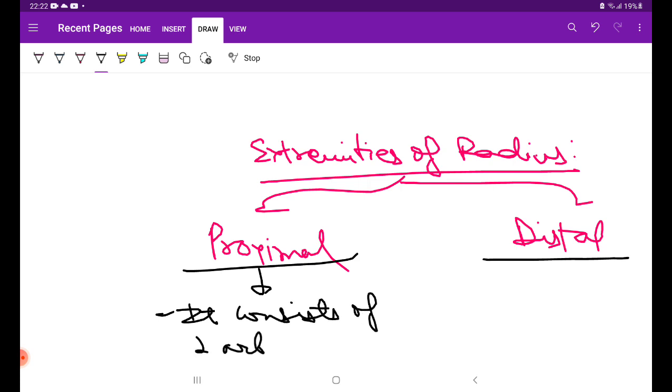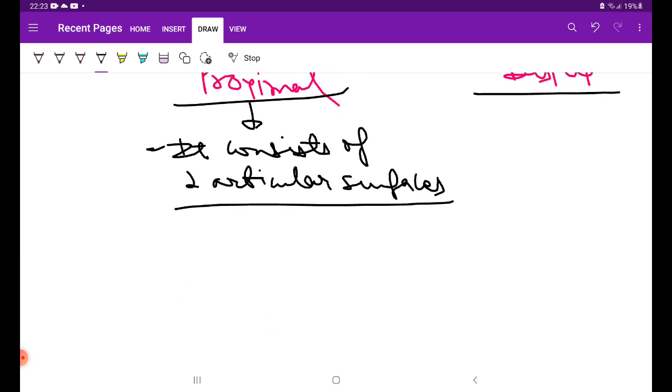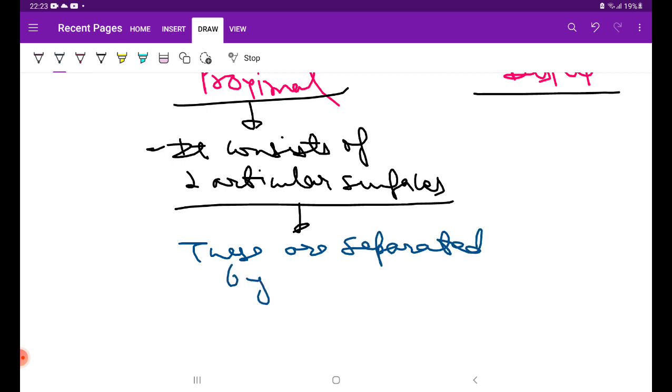two articular surfaces which are separated by a groove.